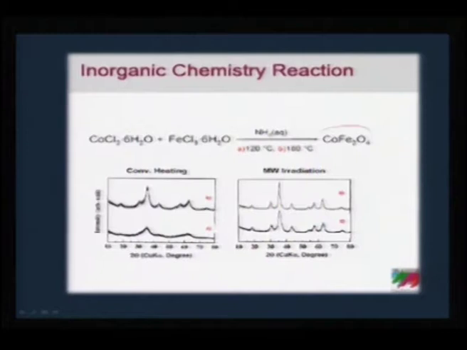And if you want to make cobalt ferrite, for example, take cobalt chloride and iron chloride, and expose this to microwave by reducing it with ammonia, then you can see the difference between conventional heating and microwave heating. If you employ conventional heating, you can see that it is poorly mapping, whereas in the case of microwave heated reactions, it is faster, and you get the single phase without any problem.